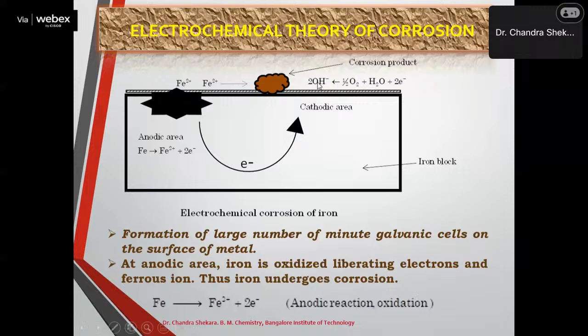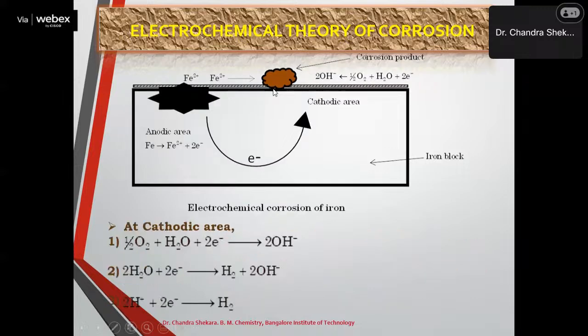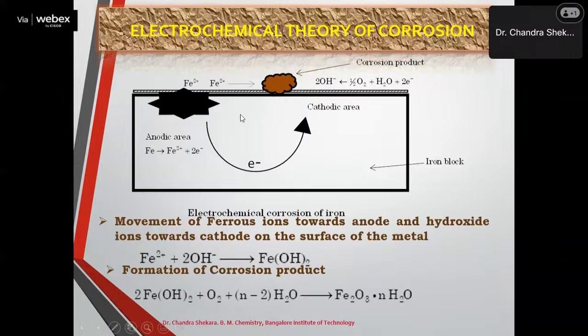Then, in the next step, Fe2+ is attracted by OH- and OH- is attracted by Fe2+. Both of these ions move on the surface of the metal in opposite directions and meet in between the anodic and cathodic area. Therefore, in between the anodic and cathodic area, there is recombination of Fe2+ with OH-, resulting in the formation of ferrous hydroxide.